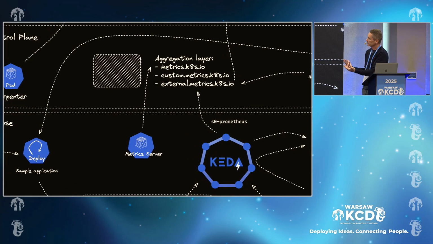So as part of the control plane, in my case, it's done by EKS, but you can enable that on your own cluster as well. You enable the aggregation layer. So the aggregation layer expands the Kubernetes API. And in this case, well, we can expand it to expose metrics. This is pretty much standard.